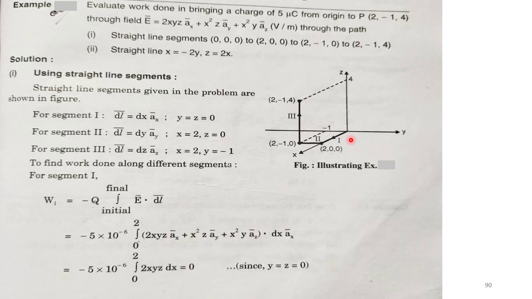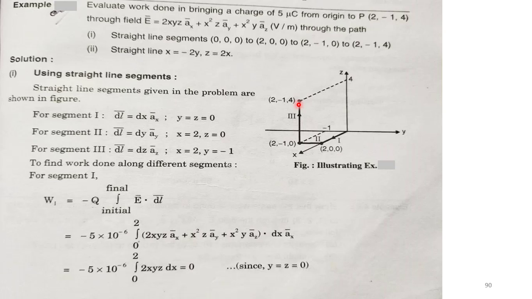Our charge can be moved from this origin to this point directly like this, but here the path is mentioned as it is going to move like this to this to this, and this to this. Clear? So this is our first path mentioned here.